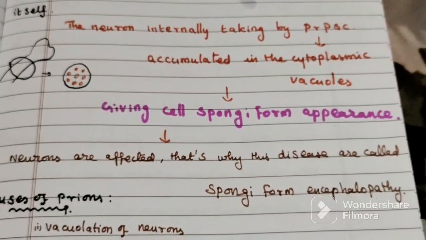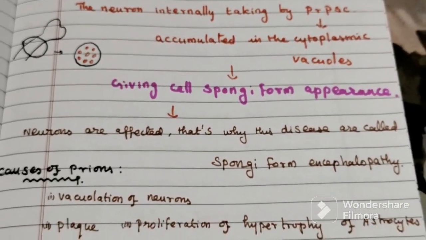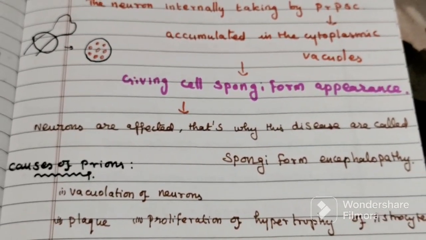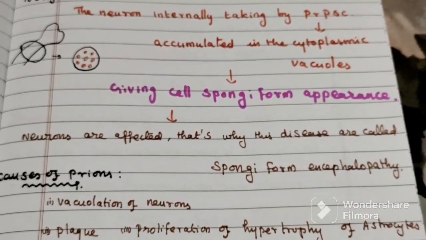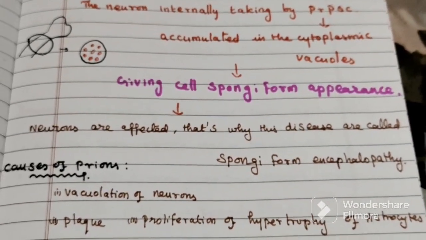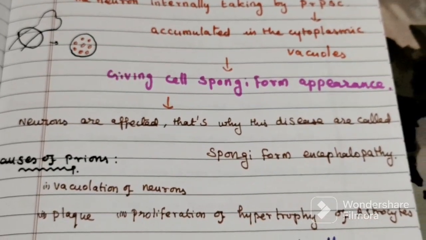The vacuoles contain PrPSc. That's why this is called spongiform encephalopathy. The neurons are affected.